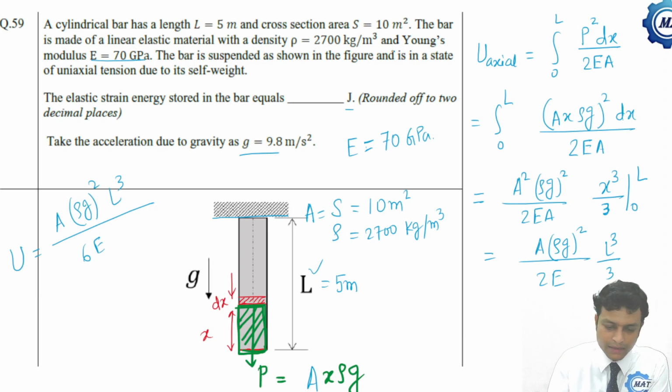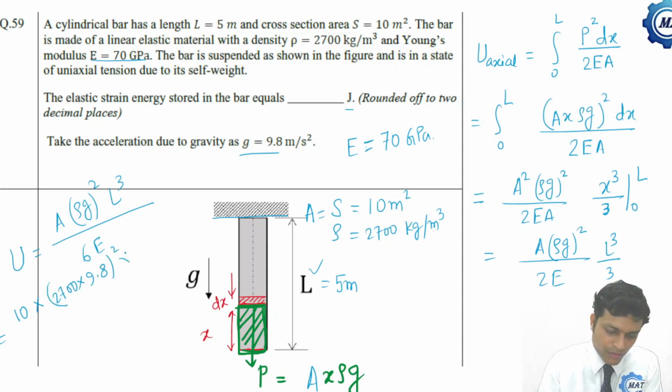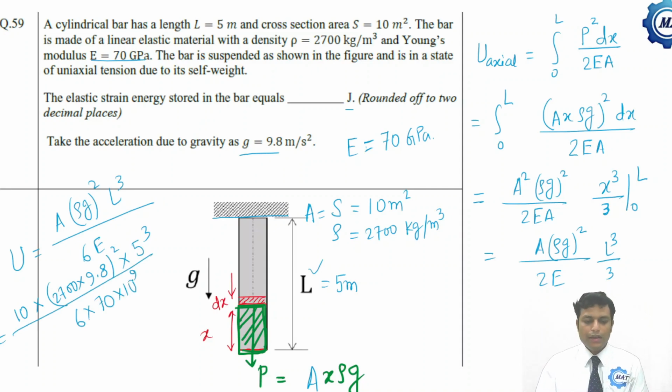So U is, A is 10 into rho is 2700 into G is 9.8 square into L is 5 meter, so 5 cube, divided by 6 into 70 into 10 to the power 9. All are in SI units, so the strain energy stored will be in joule.